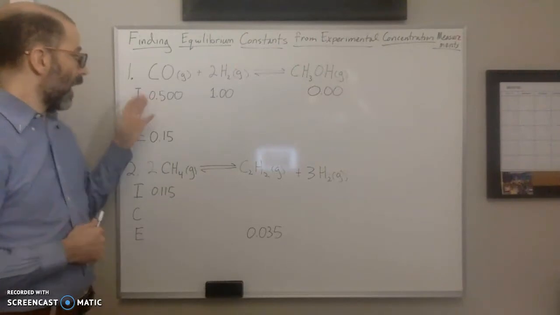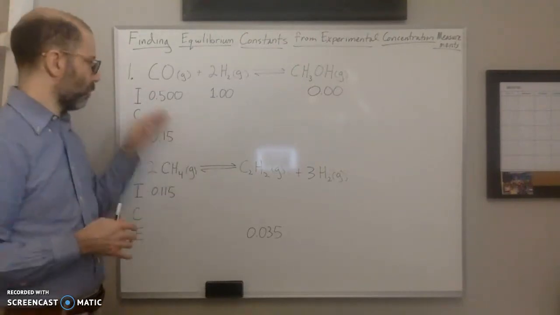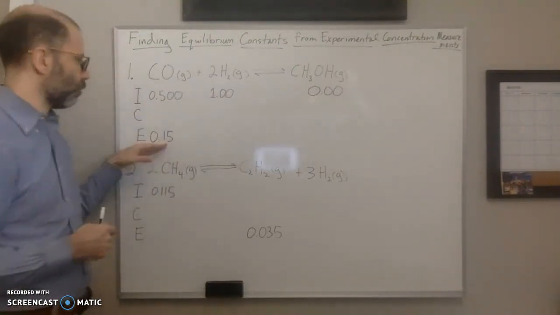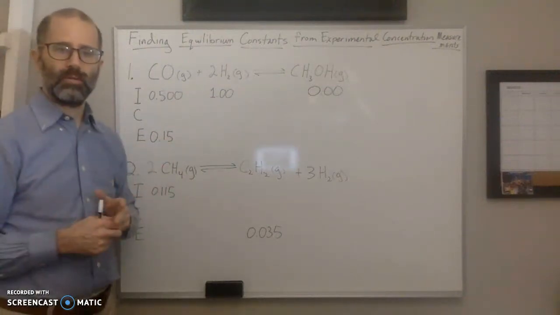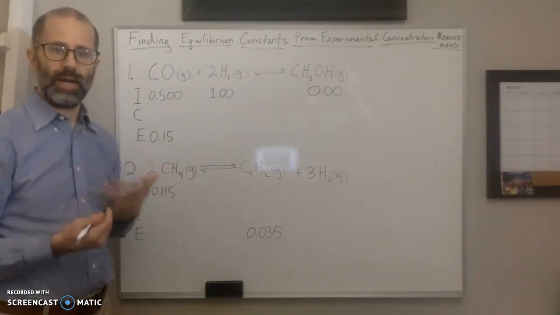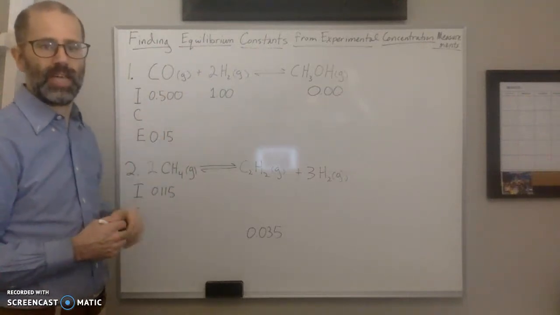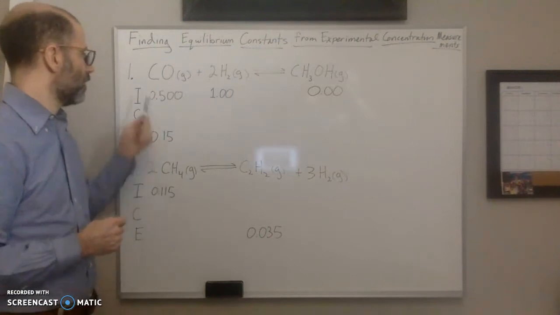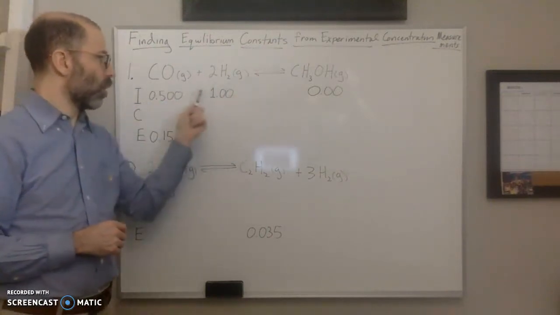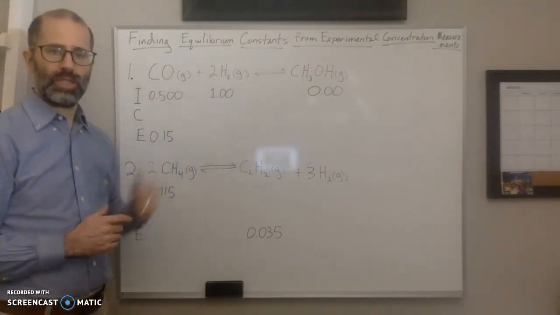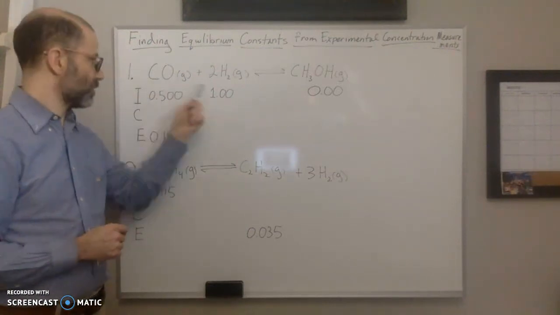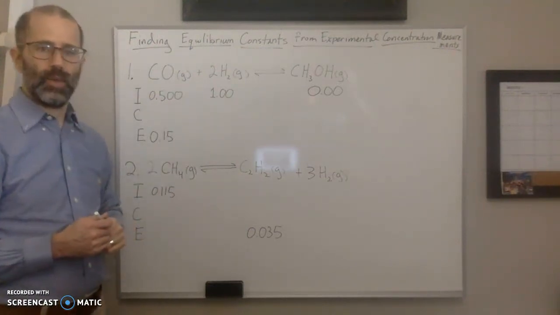So I take the information they give me in the problem and put it in my table, and then I figure out what needs to be figured out in the table. So I fill in the table by using stoichiometry, using the mole ratios between the substances in the equation.